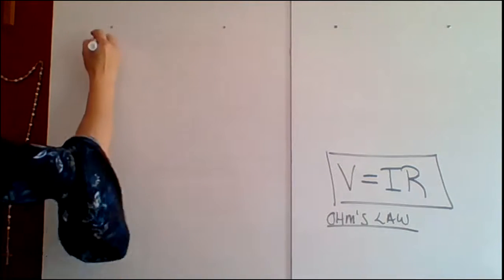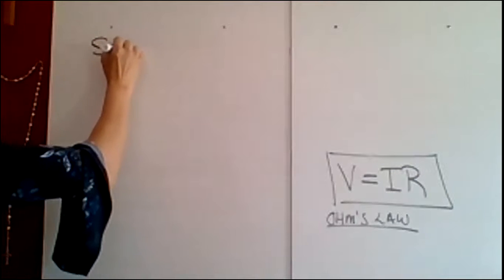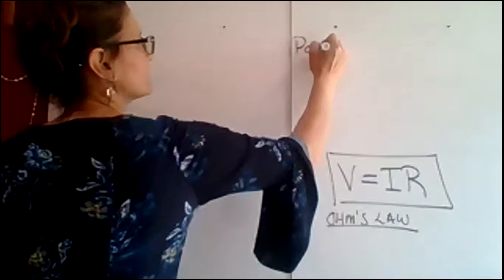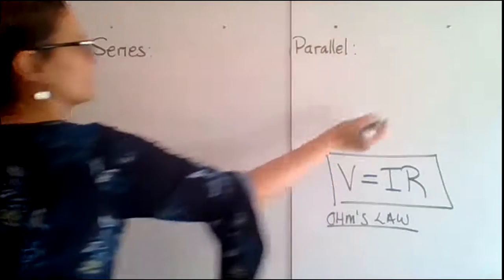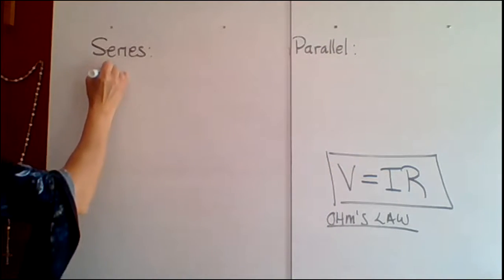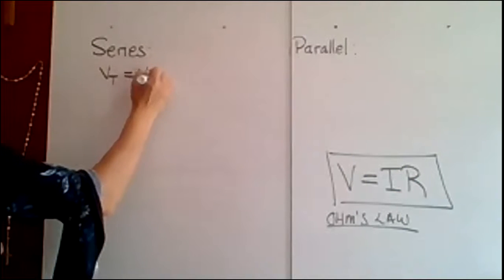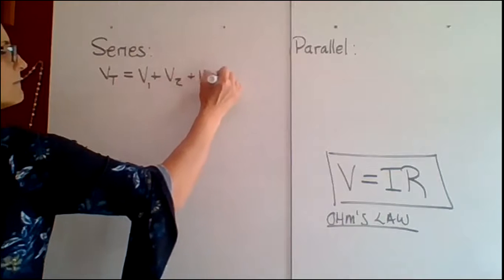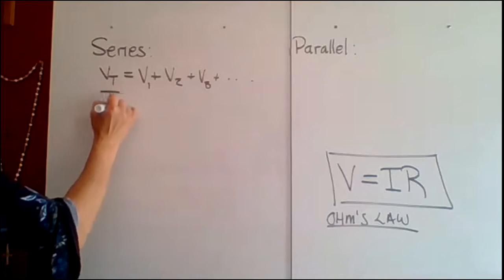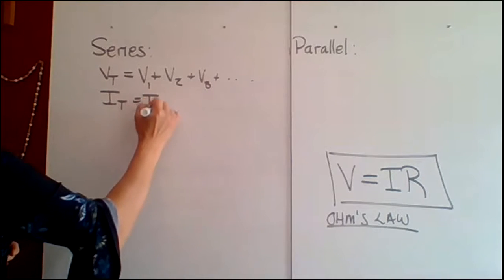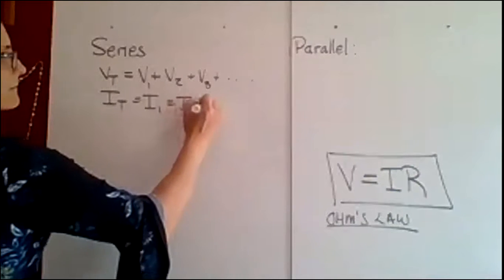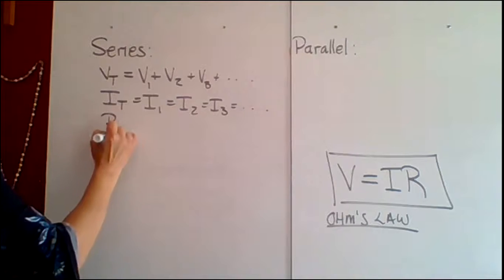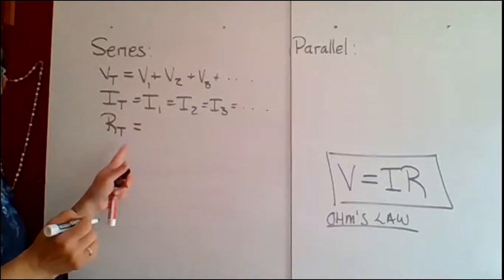And if we talk about a series circuit, and then our parallel circuit, in series, we found that our total voltage splits up. We found that our current is all the same. But what we need to talk about is the resistance.